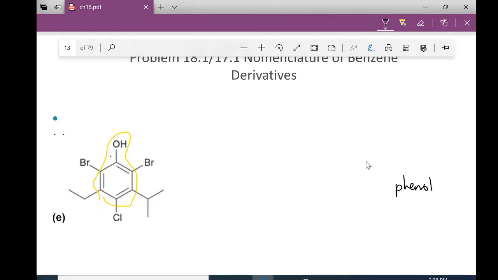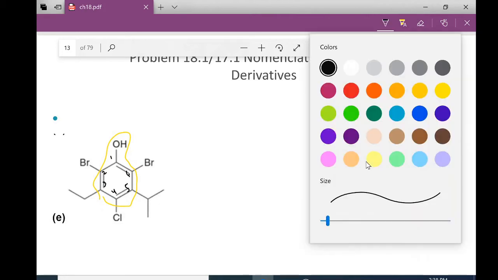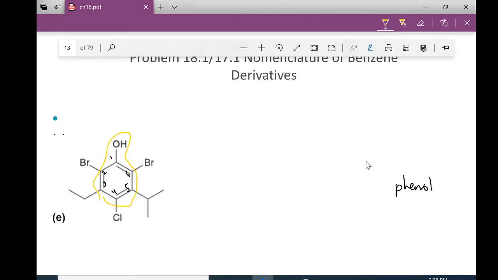So if I go this way, 1, 2, 3, 4, 5, 6, it really wouldn't matter, except that if we go this way, 1, 2, 3, 4, 5, 6, along the black path, our ethyl group is going to come at carbon 3. And along the yellow path, our isopropyl group will be at carbon 3. Well, ethyl comes before isopropyl alphabetically, so the better way to name this would be along the black path.